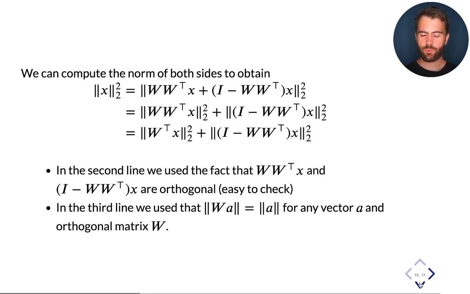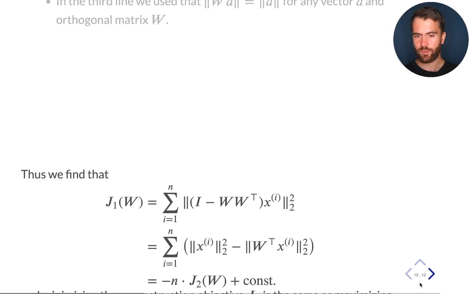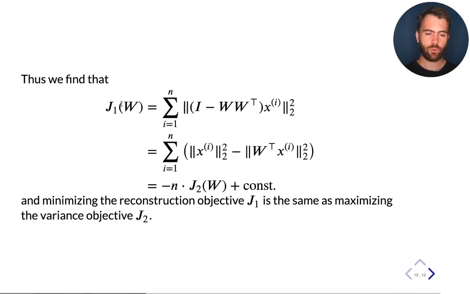Therefore, what it means is that when we're maximizing one, we're minimizing the other. Or to put it a little bit more mathematically, this is the definition of our objective, and now I just plug in my previous identity into this term, and I get something which looks like my second objective plus a constant and multiplying by n. So in this sense, these two objectives are equivalent.